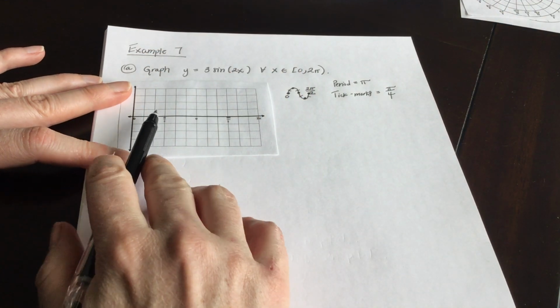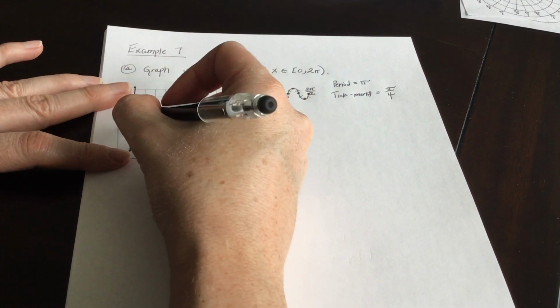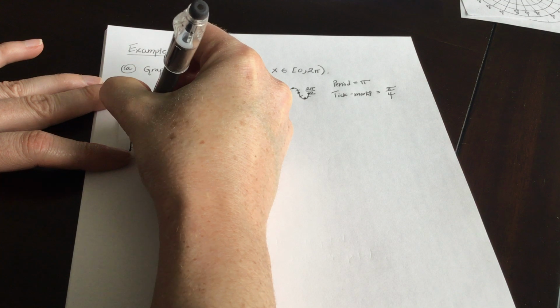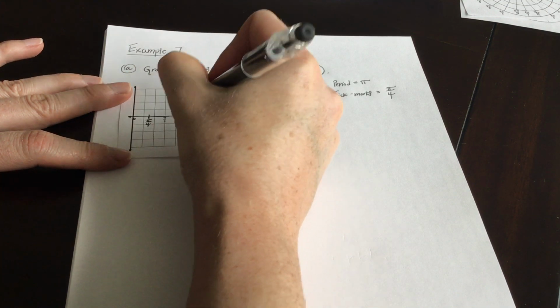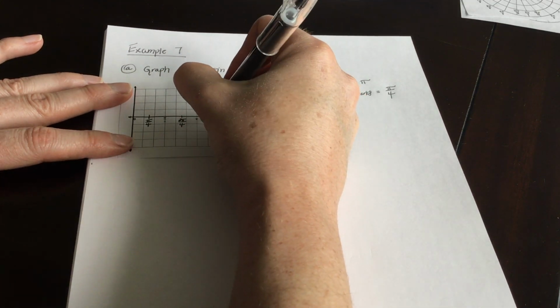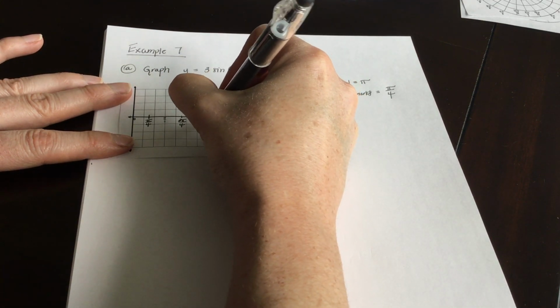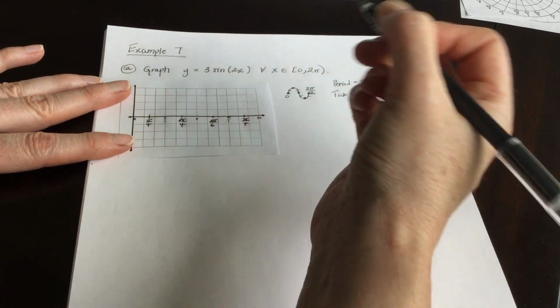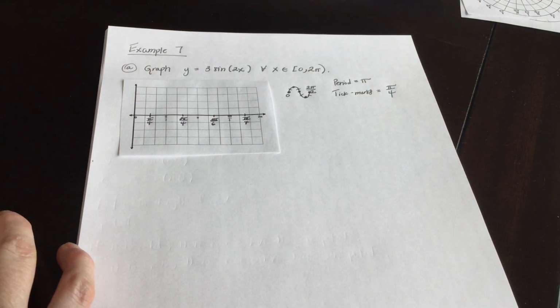If you look at the graph paper that I have here, here's 0 to pi over 2, so halfway would be pi over 4. So 1 pi over 4, 2 pi over 4, 3 pi over 4, 4 pi over 4, 5 pi over 4, 6 pi over 4, 7 pi over 4, and then 8 pi over 4 lands you at 2 pi.